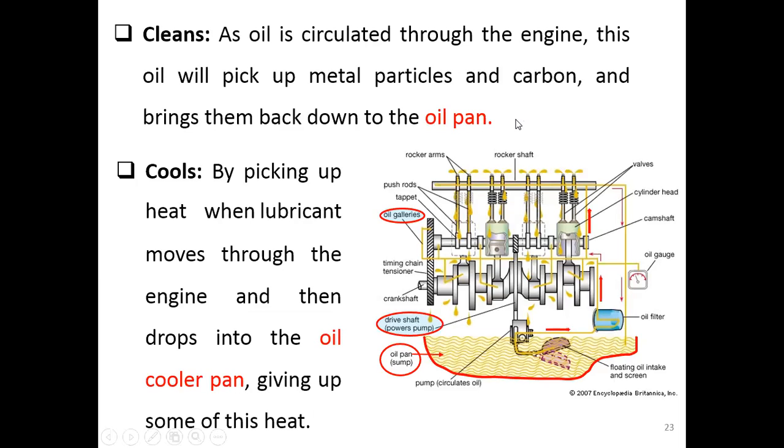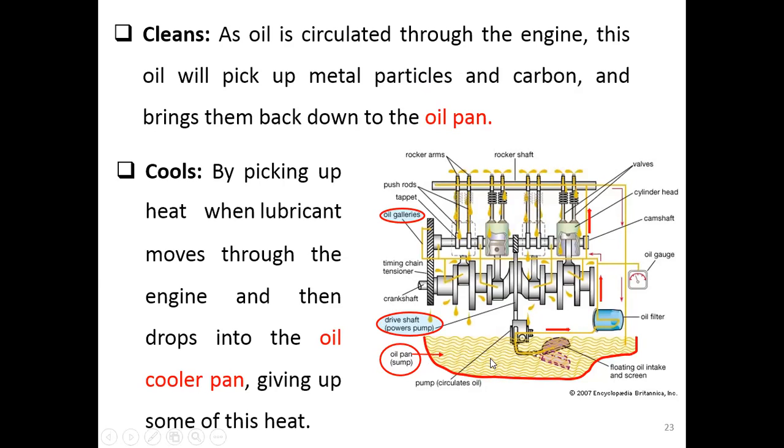Because the lubrication oil is always circulated throughout the engine, no matter where it goes inside the engine, at the end it will fall down to the oil pan here. So everything that comes with the lubrication oil finally will come down to this oil pan here.